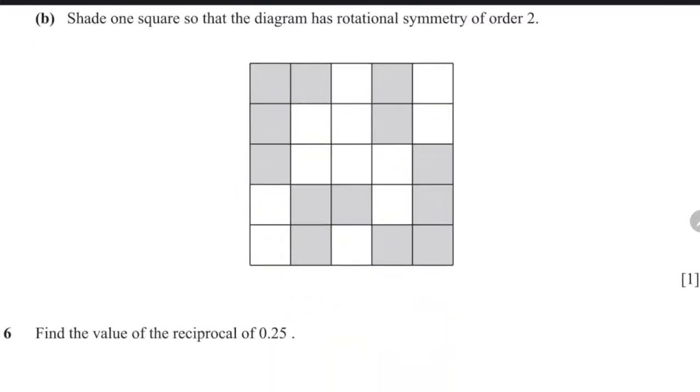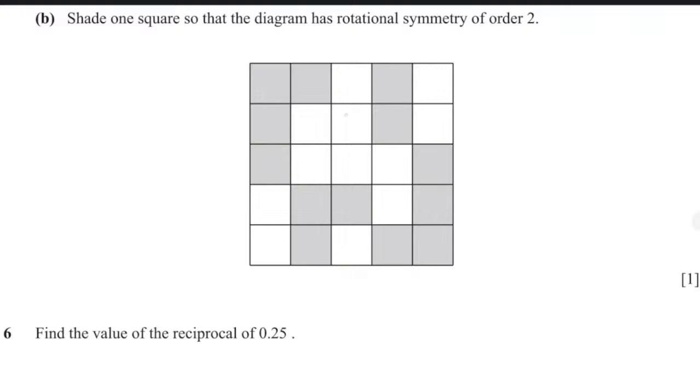Shade one square so that the diagram has rotational symmetry of order 2. They wanted to rotate so that it can get exactly the same shape. Okay?